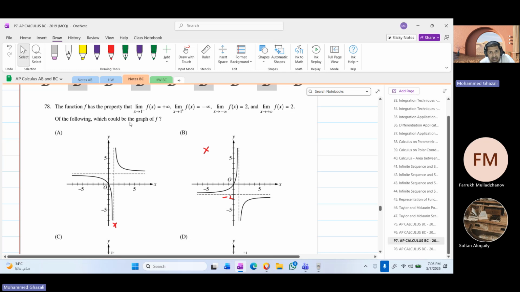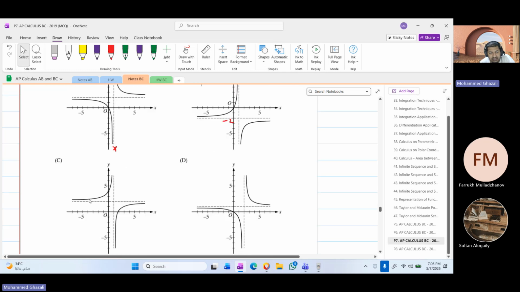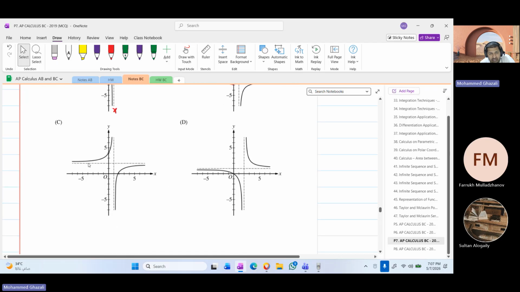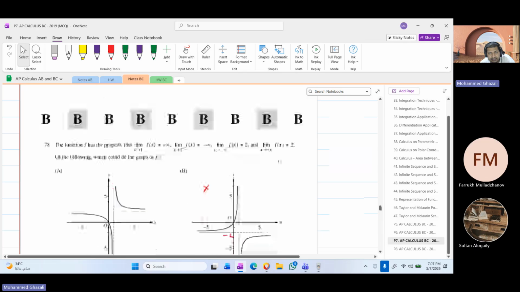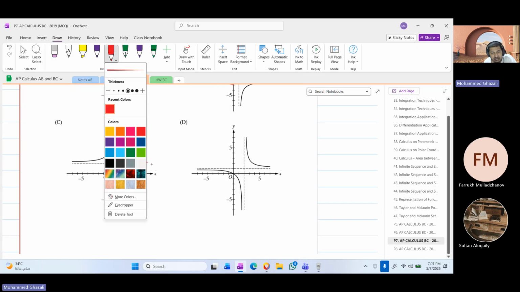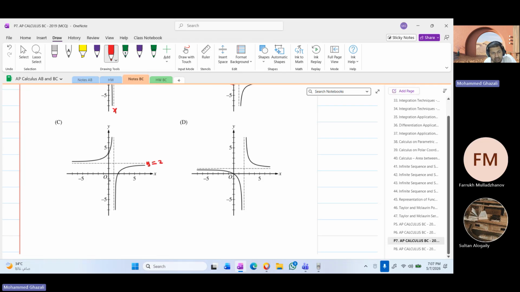What about this one? The limit from the left at 1 is positive infinity, and from the right it is negative infinity, so it's going down. The limit as x approaches negative infinity is the horizontal line 2, and as x approaches infinity, f of x is 2. So that's correct. This is y equals 2, and this is x equals 1.